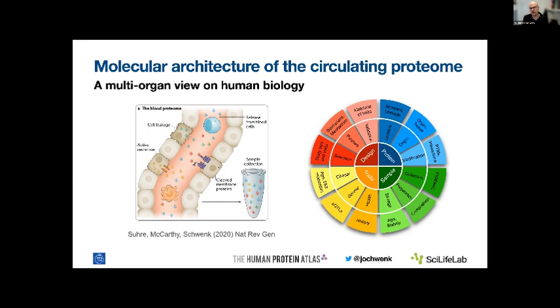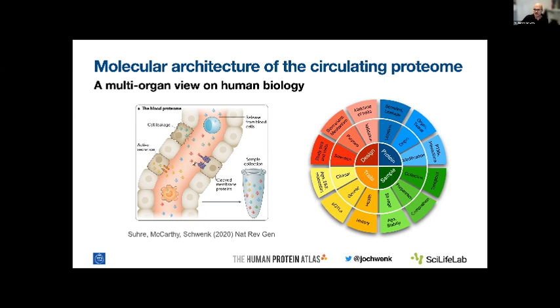circulating proteome. Of course, we have to start with the design of our study. Sometimes we as scientists have an influence in saying we want to have a longitudinal study, we want a study with this number of individuals, but sometimes we rely on retrospective material, which has been collected probably many years ago, and we have to try to understand what information we can obtain from it. The second thing is that we want to understand the proteins.